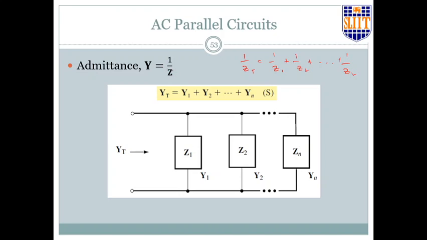This is impedance; 1 upon impedance is admittance. When you redefine all these terms as admittance, you get this equation. So total admittance is equal to the addition of the admittances of all. This way the calculations will become easier.